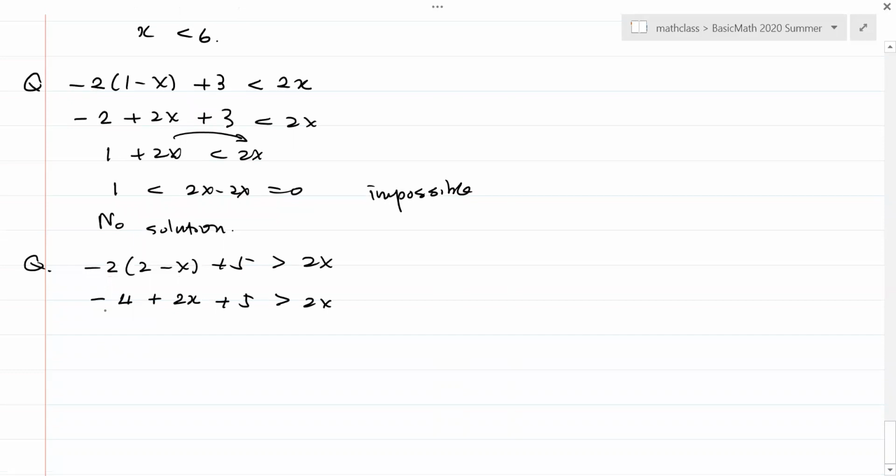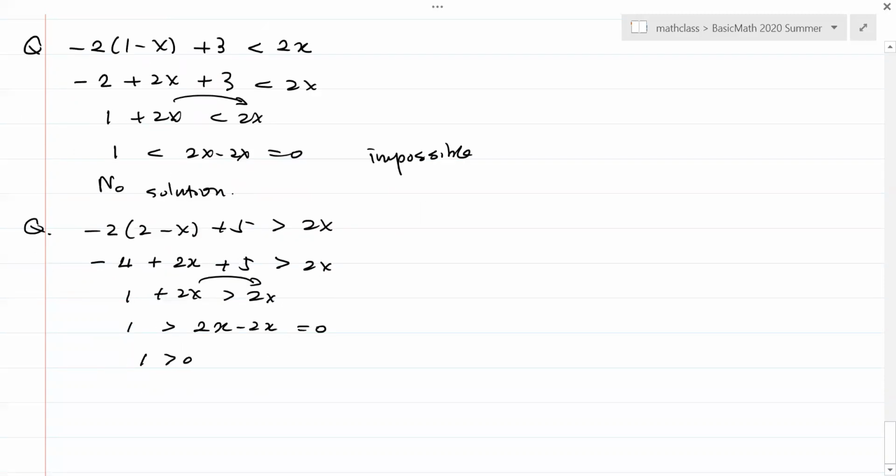So -4 plus 5 is 1. Now this time you move 2x to the other side, so you get 0. So that means 1 greater than 0. It's always true, okay? So always true regardless of the value of x, right? So more precisely, regardless of the value of x.